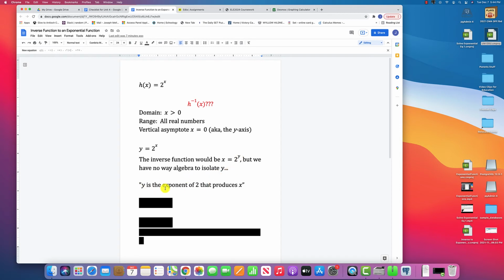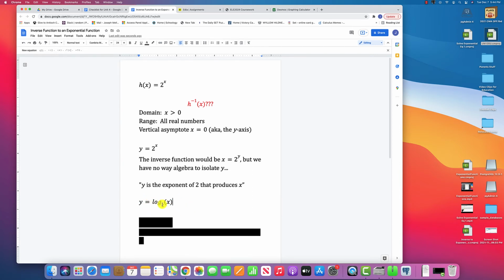And what we're going to do is basically invent a new word that's going to mean what we want y to do here. So if we translate this into English, y is the exponent of 2 that will produce x. That's what this is saying right here, right? y is the exponent for 2. And when you raise 2 to that exponent, you get x, right? That's what we want y to do. And there are possibly better symbols to do that, but this is what was decided upon long ago, all right?